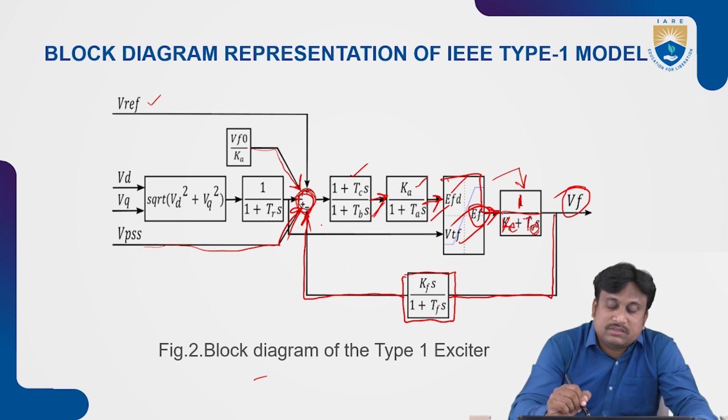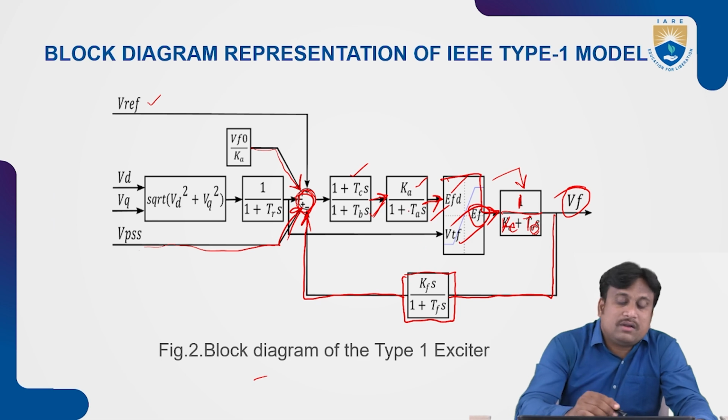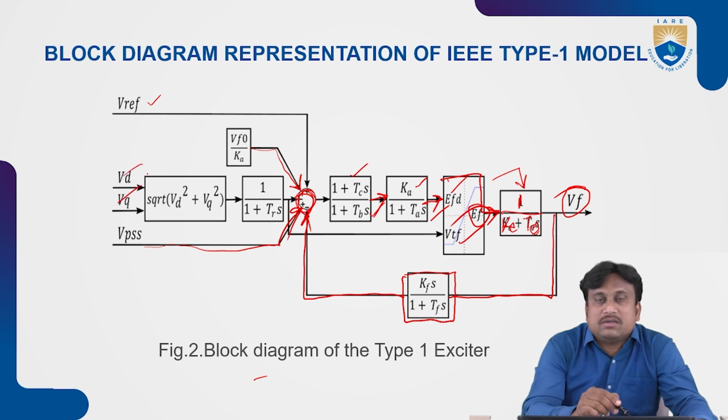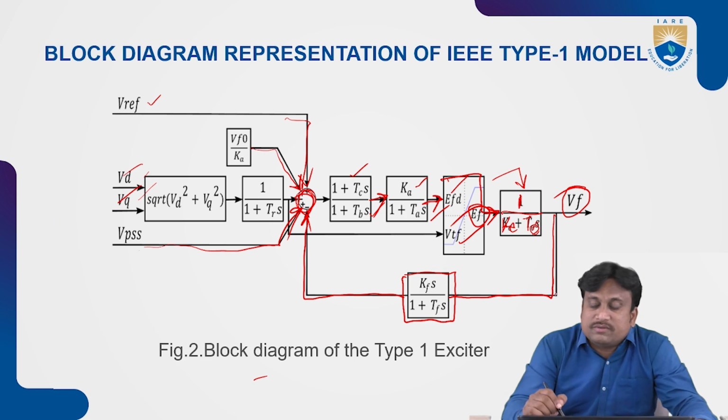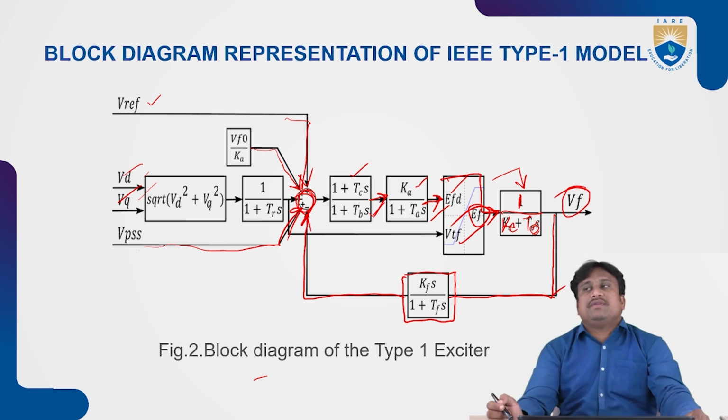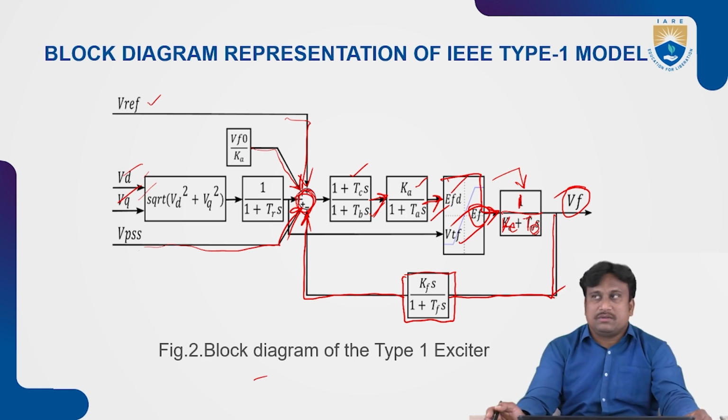Likewise, the Type 1 exciter works for the direct and quadrature coefficient terms, and the reference is summed here. These are excited by Vd and Vq, and then the coefficients are enriched with the suitable response of the system.